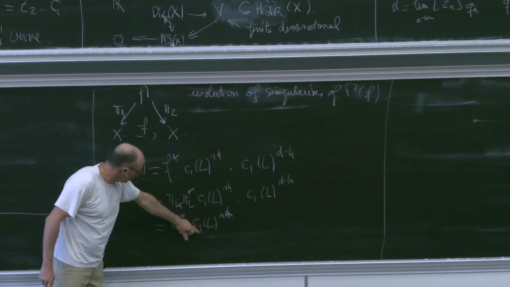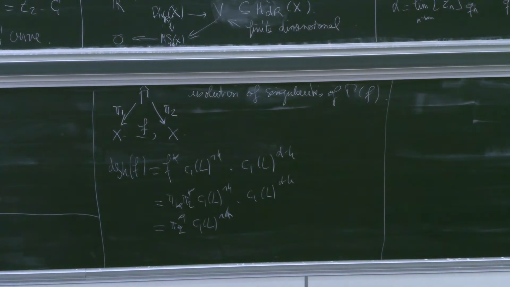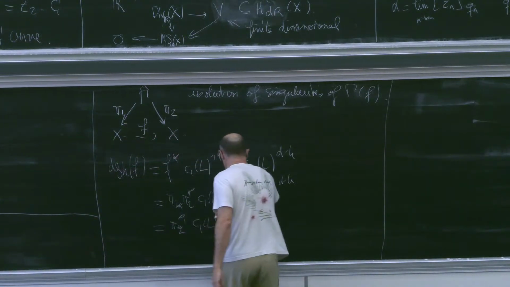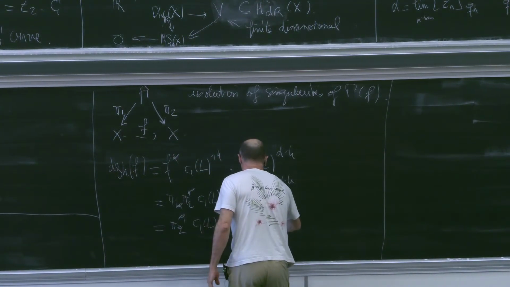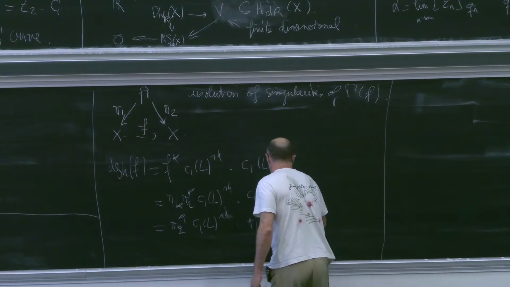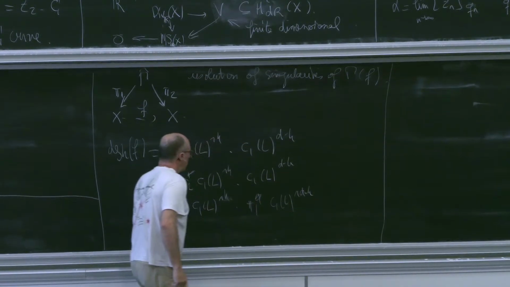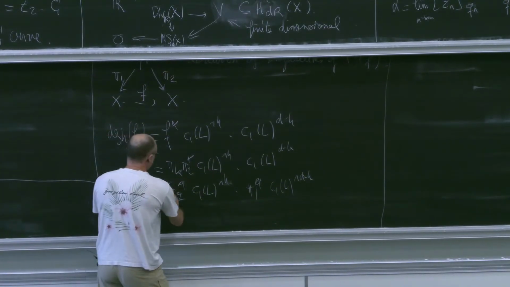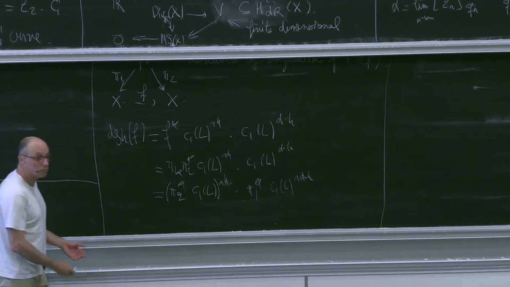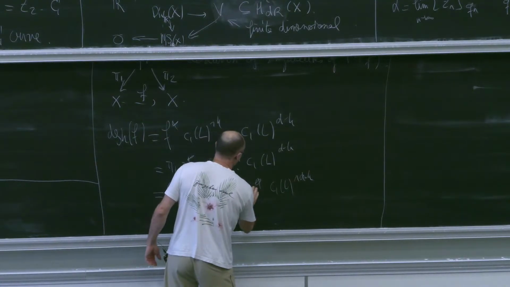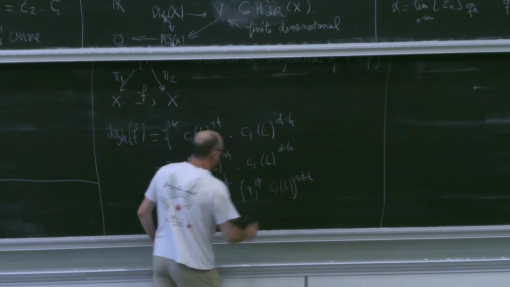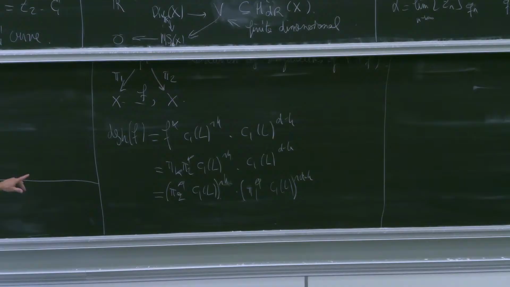So you're pulling back the first Chern class of L to the power k, and dot pulling back by pi_1 to the power d-k. Pulling back commutes with the intersection product. And so you get back exactly to the situation where you define intersection numbers of cycles. Okay?